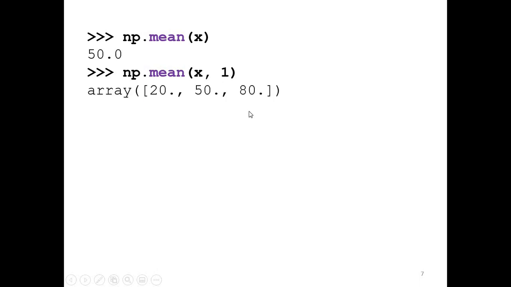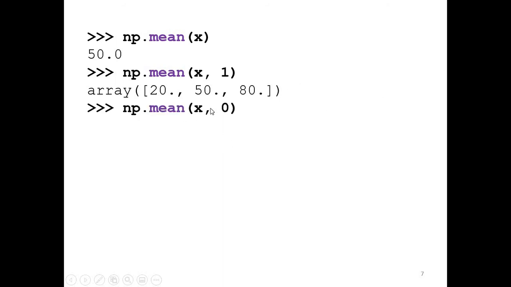Okay. So if you now write mean, mean is another method in NumPy applied on this X array. Similarly, it will be the mean of all the numbers, since you have not referred to any axis here. But if you write mean(x, 1), then of course the 1 will be the axis reference. So it will be the mean along this way, right?